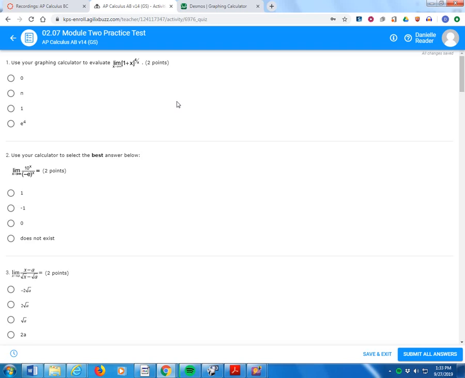So if we look at (1 plus x) raised to the 0, remember any number raised to the 0 is always 1. So the graph, if I went out far enough to the right, I would see it eventually approaching 1. But algebraically, just substituting it in and understanding what infinity in the denominator does means that the exponent is going to 0, which means the function's going to 1. So the answer here was 1.